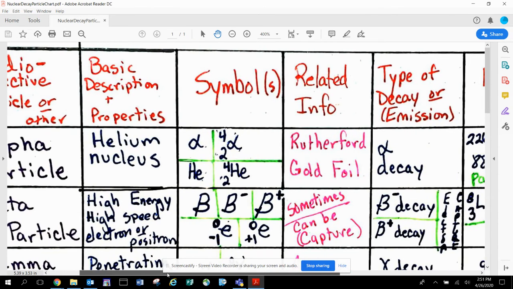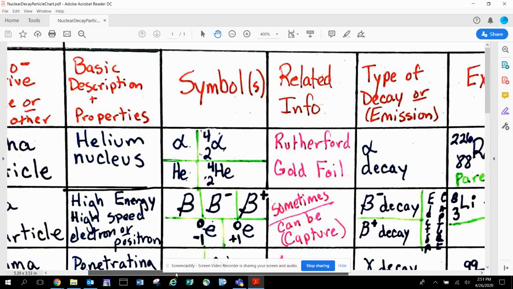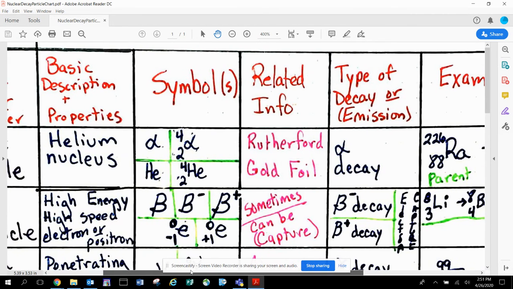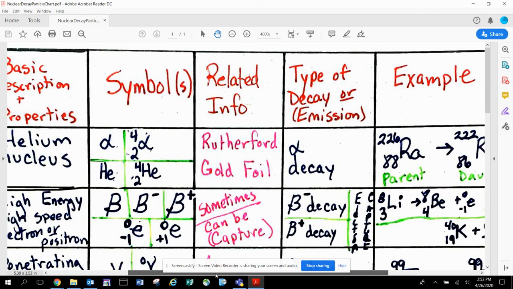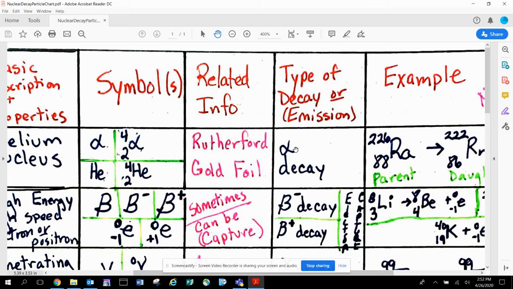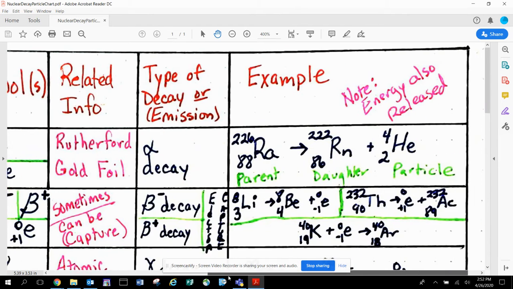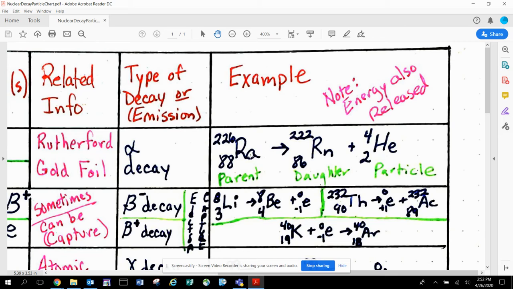Alpha particles are famous from the Rutherford gold foil experiment, which you may remember from atomic theory. What type of decay does it occur in? It occurs in alpha decay. Here's an example of a nuclear equation involving alpha decay.